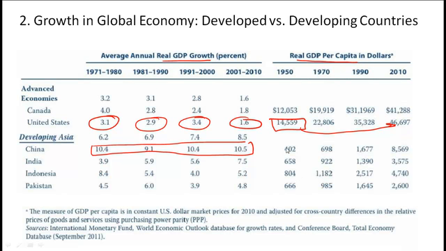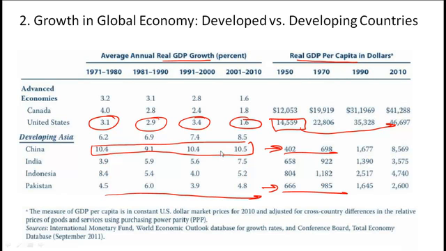Let's compare the case of China and Pakistan. So notice that until 1970, on a per capita basis, Pakistan was actually richer than China. But the growth rate in real GDP in Pakistan has been approximately 5% since 1971, which is about half the growth rate in China.